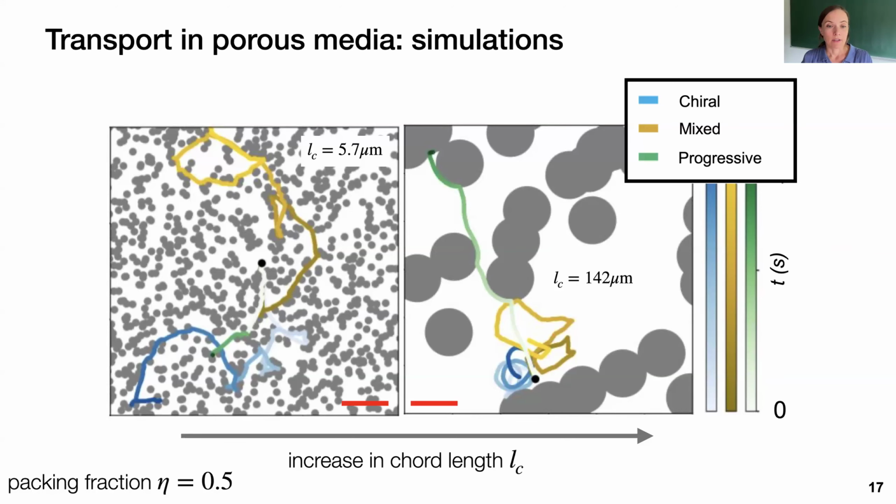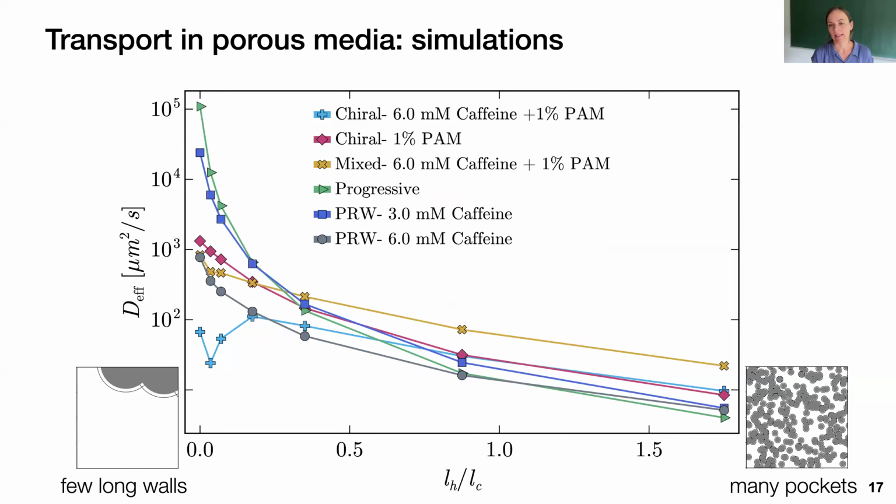And I'm just going to show you now the mean square, like the effective diffusivities at long times to quantify this finding. So on the x-axis, we move from a situation where we have very few long boundaries to a situation where we have many obstacles and a lot of pockets.